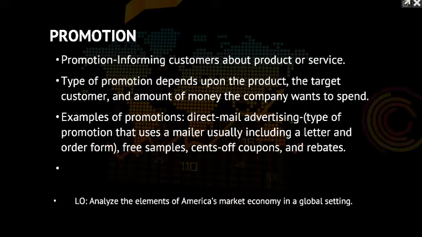Promotion. Promotion, or informing the customers about the product or the service. You need to consider which type of promotion would be best. The type of promotion depends upon the product, the target customer, and the amount of money that the company wants to spend.